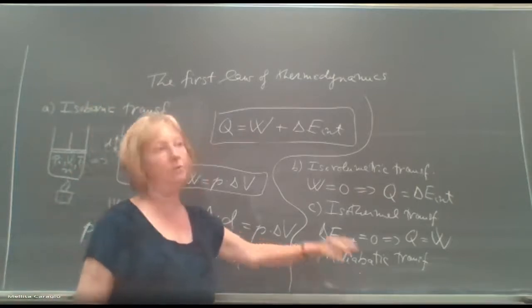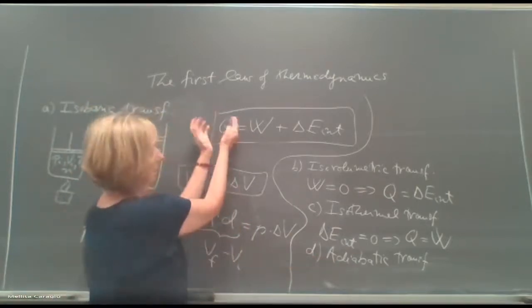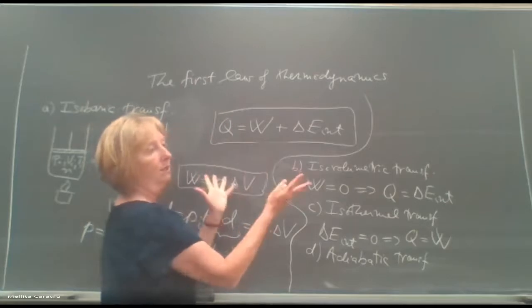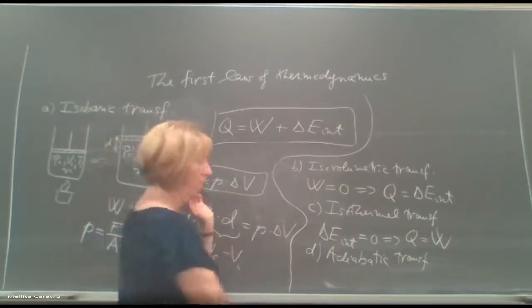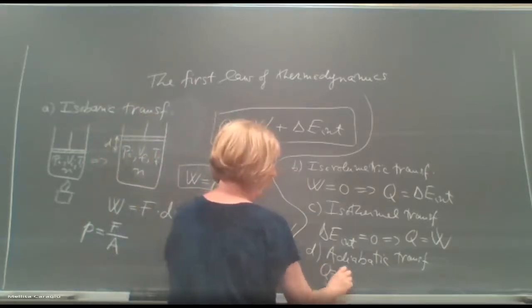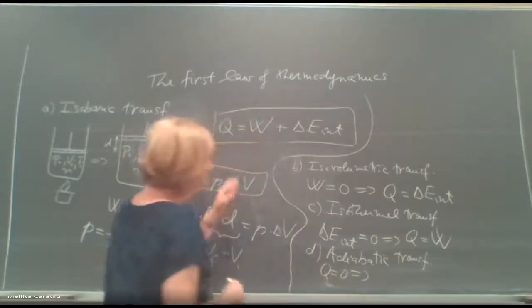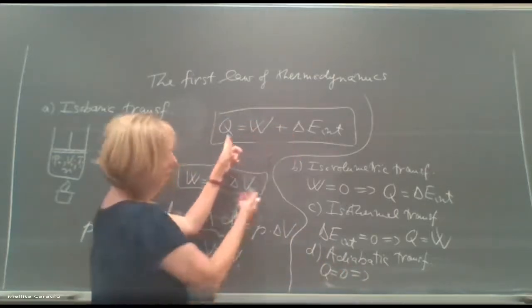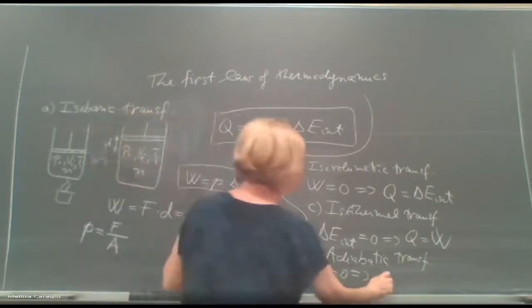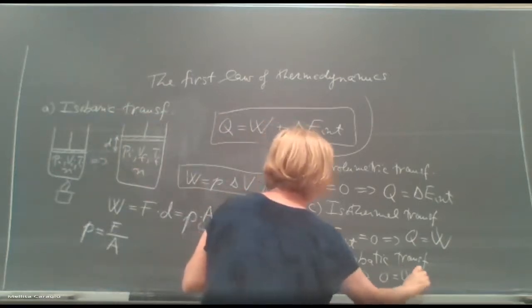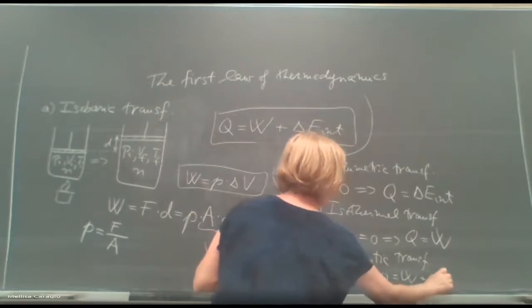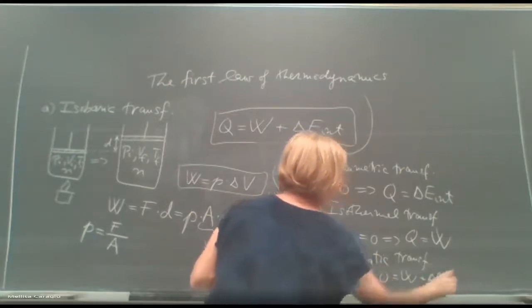So that type of transformation in which the heat exchanged with the surroundings is 0, that's called an adiabatic transformation. From this first law, it follows that 0 equals work plus change in internal energy.